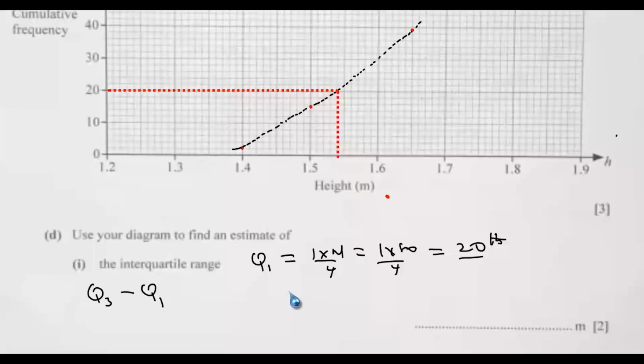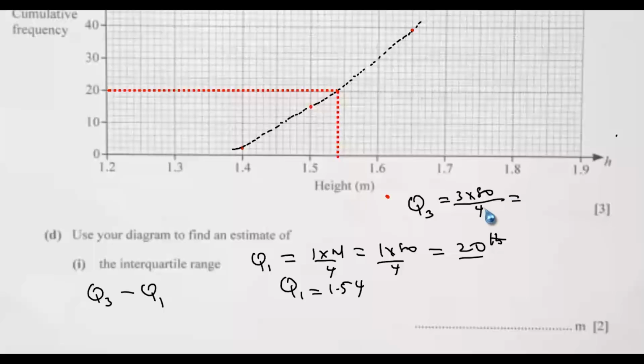So Q1, the lower quartile, is equal to 1.54. Then I need to do the same thing to get the upper quartile, that is Q3. Let me write it here. Q3 is equal to 3 times 80 over 4.